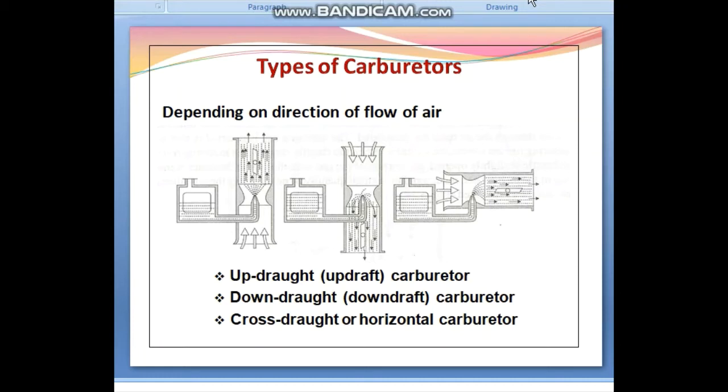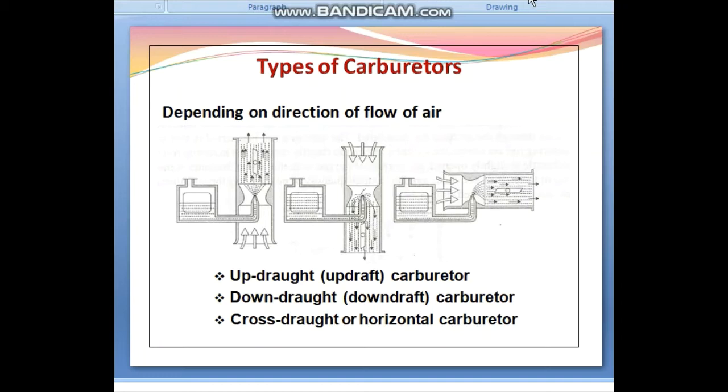In order to overcome this drawback, the downdraft carburetor, that is the second one, is adopted. It is placed at a level higher than the inlet manifold, and the air and mixture generally flow in a downward course.